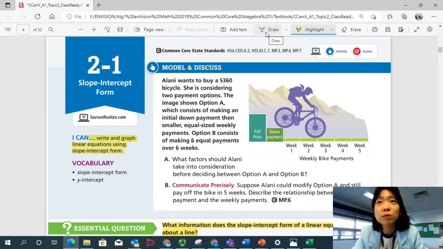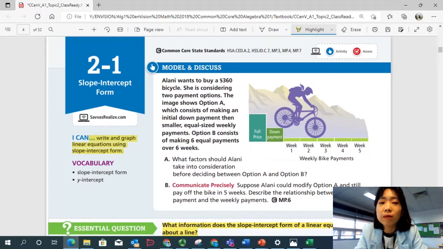She could think about how much money she has right now that she can use for a bike. She can think about how much she can pay and would be okay with it, right? So the factors that she needs to consider would be her income and her expenses. If she knows how much money she is going to use for other necessities and other things in her life, she can think about how much money she has left after she uses all that money, right?